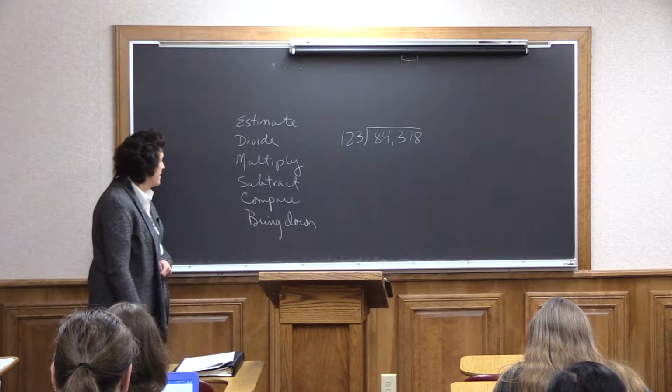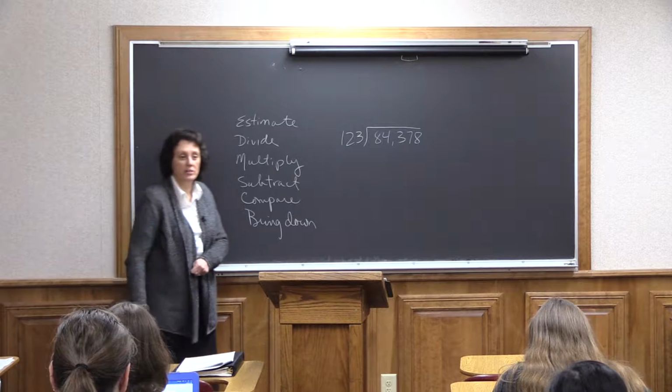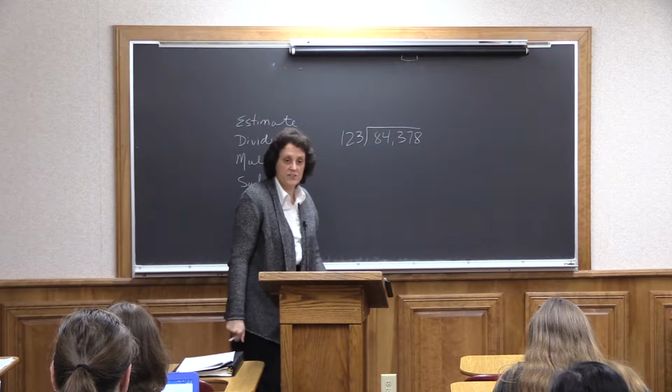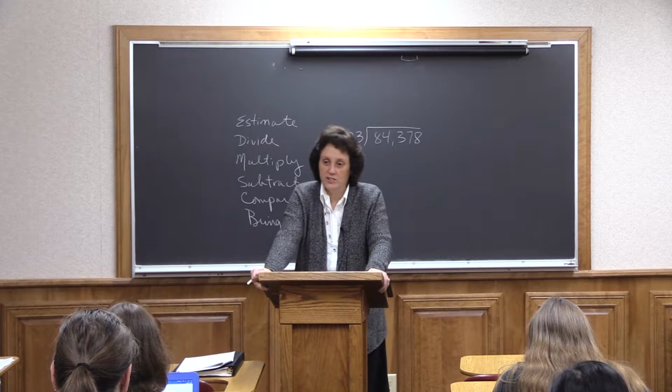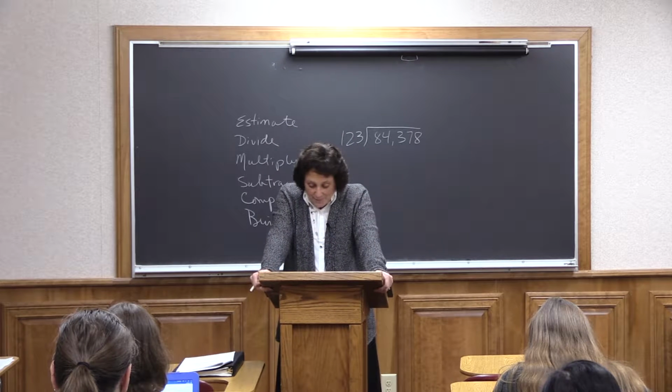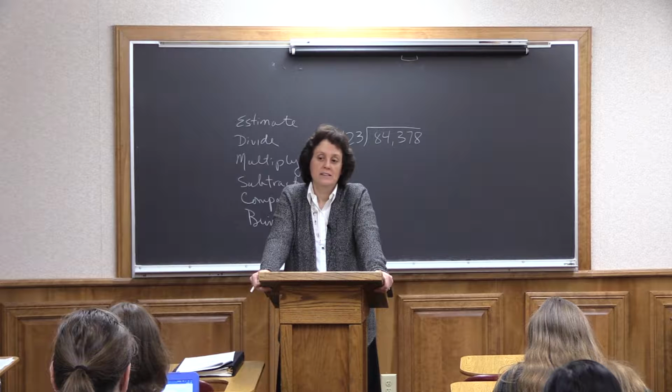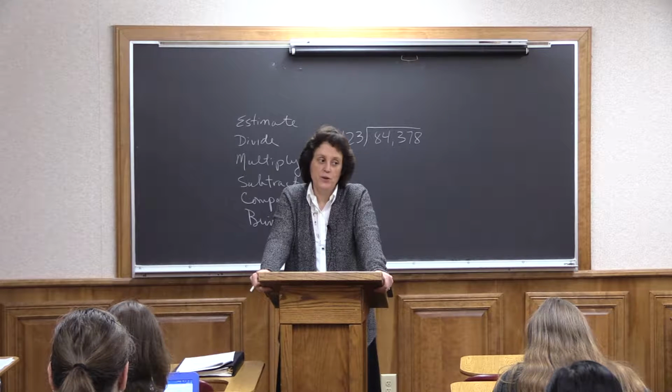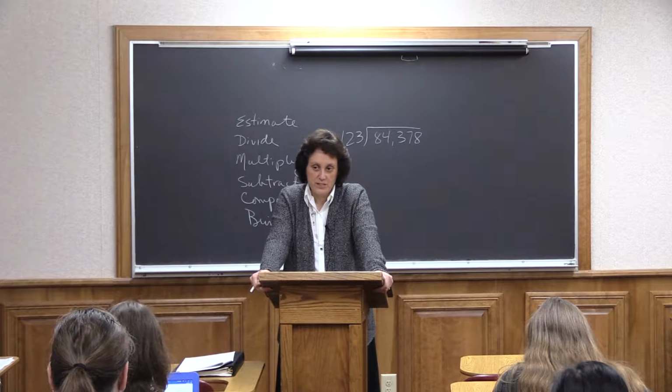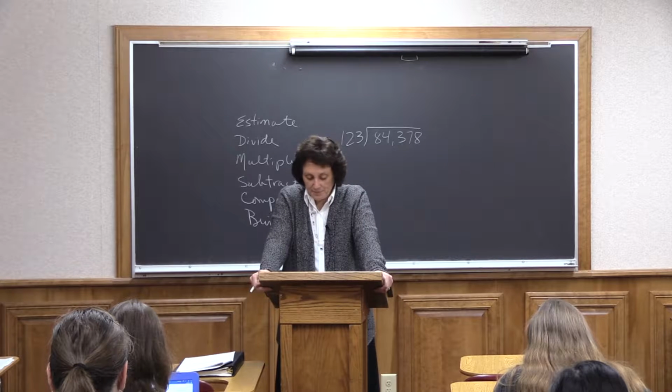All right, so we have our 6 steps to doing a long division problem when the divisor is not a single digit. We have to estimate, because we're not going to always know what our divisor goes into our dividend exactly in.